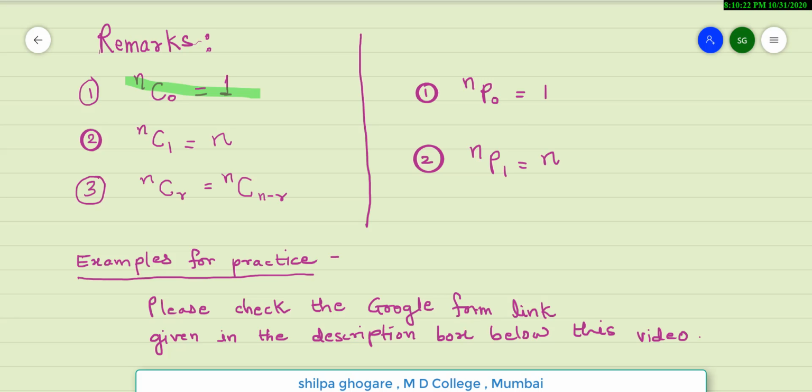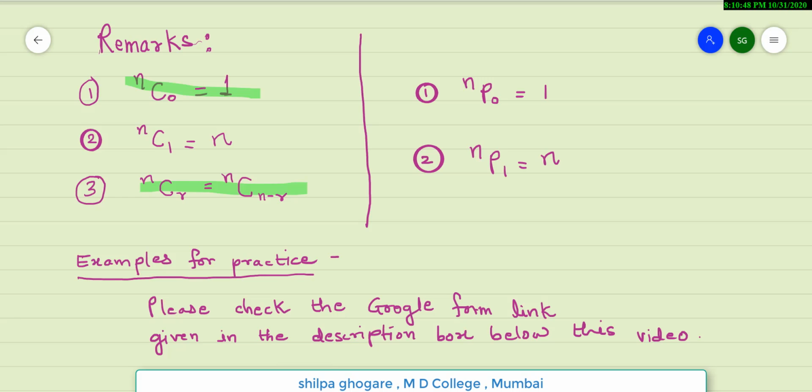So for any natural number, if you have something like nC0, you can directly write the answer as 1, whereas nC1 is n and nCr is the same as nC(n minus r). Now for permutation, similar formulae: nP0 is 1 and nP1 is n.